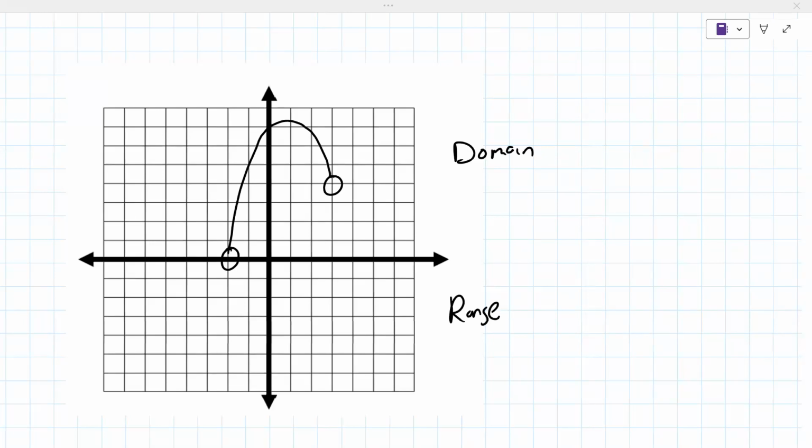Okay. Domain: -2 is less than x less than 3. Good. Range. Let's see.